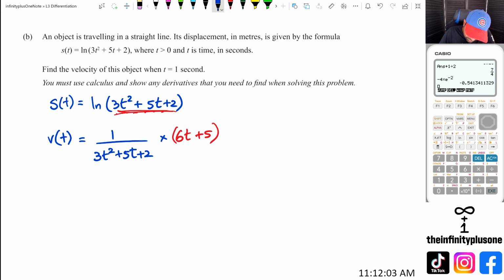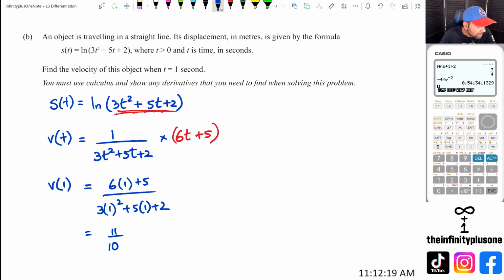And now I'm trying to figure out what's the velocity after 1 second. So I'm going to get 6 times 1 plus 5 divided by 3 times 1 squared plus 5 times 1 plus 2. So I'm going to get 11 over 10, which is also roughly 1.1 meters per second. So grades wise, you need the correct derivative, which is this, and you need the correct value, which is this, to get an achieved for this question.